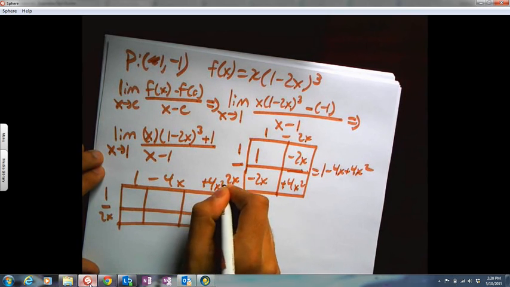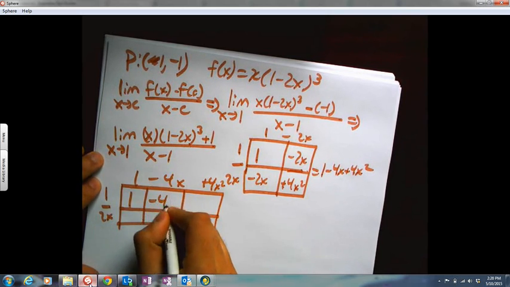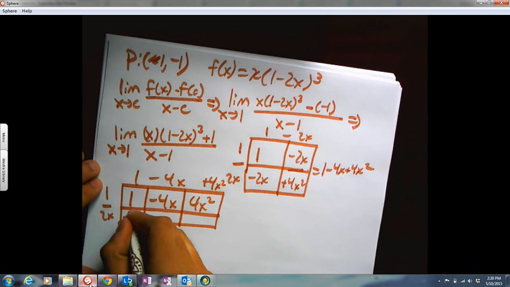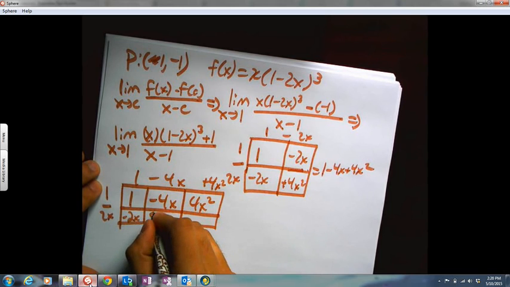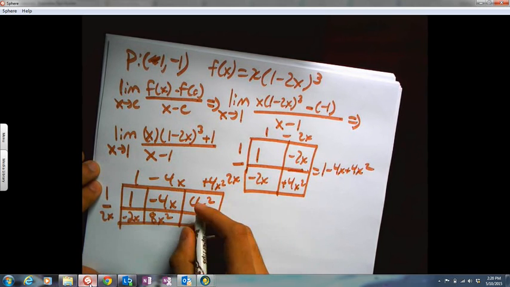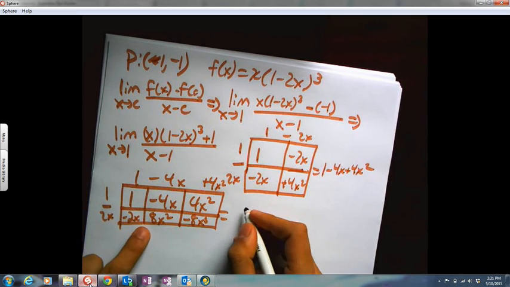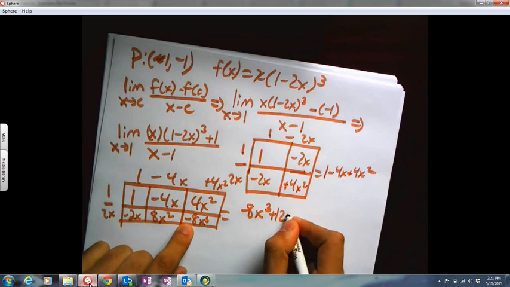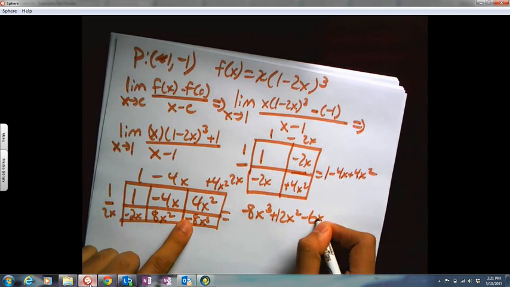One times 1 is 1, 1 times -4x is -4x, 1 times this is 4x squared. -2x times 1 is -2x, -2x times 4x squared is -8x cubed, and -2x times -4x is 8x squared. So what do we get? We get -8x cubed plus 12x squared minus 6x plus 1.